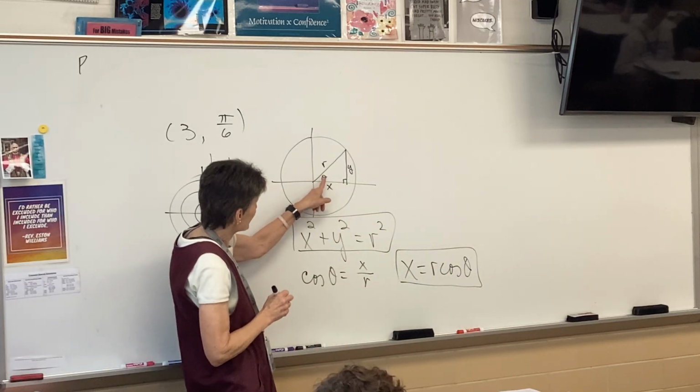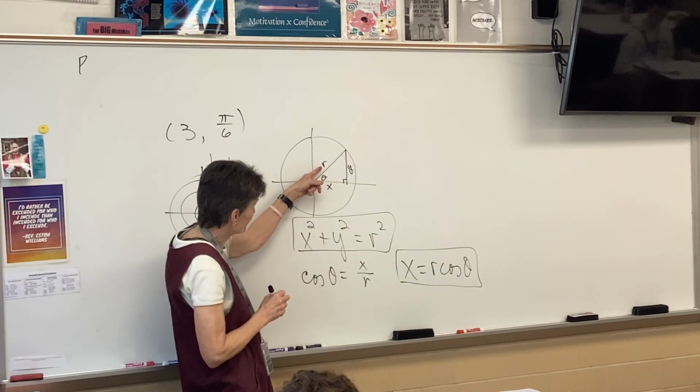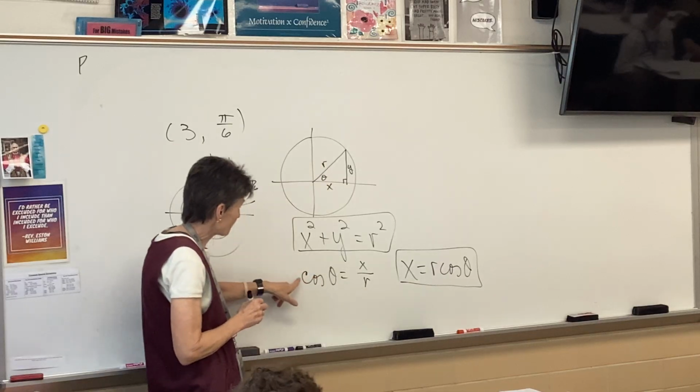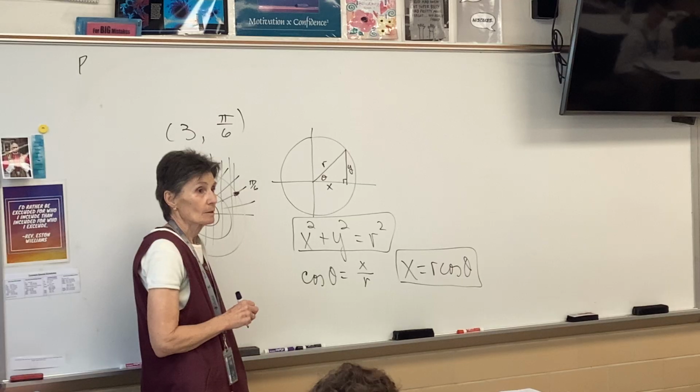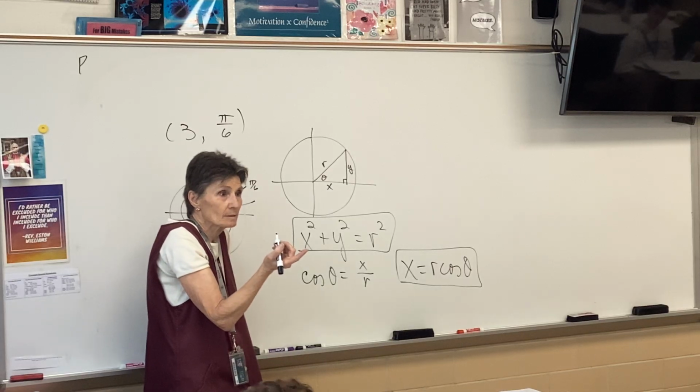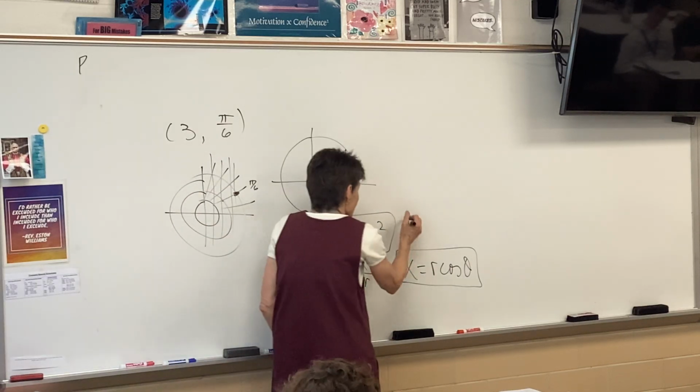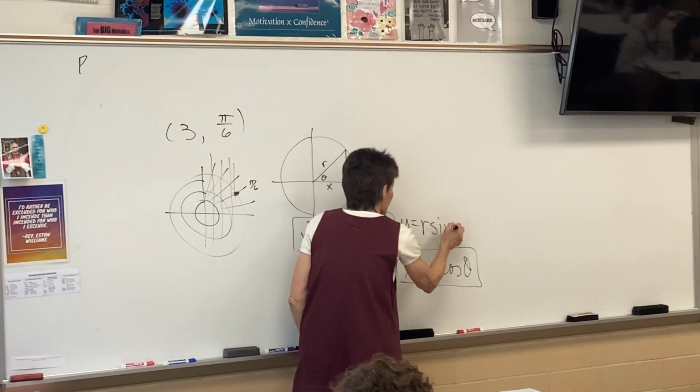Right? Cosine theta equals adjacent over hypotenuse. So he went ahead and got rid of the fraction and said x equals r cosine theta. Well, similarly, then what? y equals r sine theta.